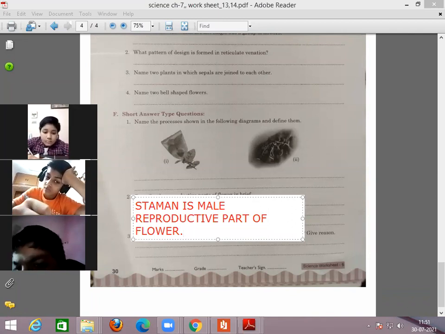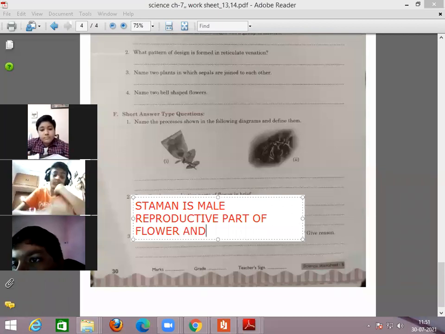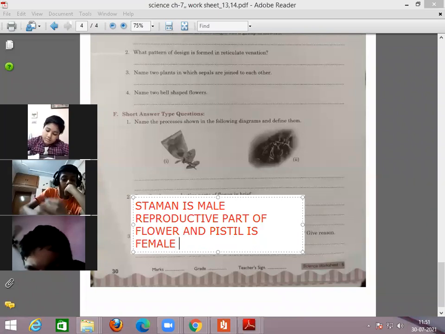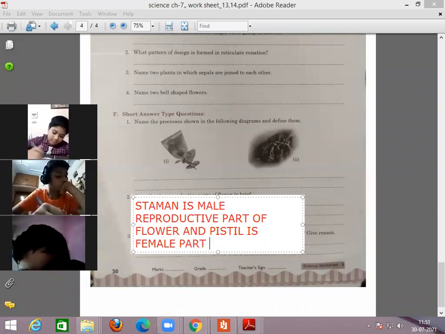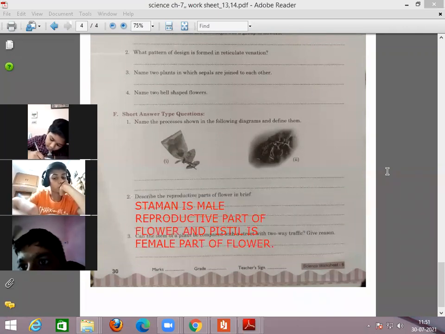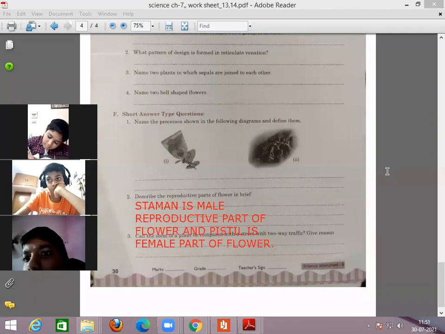And the female reproductive part is? And pistil is the female part of flower. Done? Is it clear? So children, you should know the male and female reproductive parts. Stamen is the male and pistil is the female part of the flower.